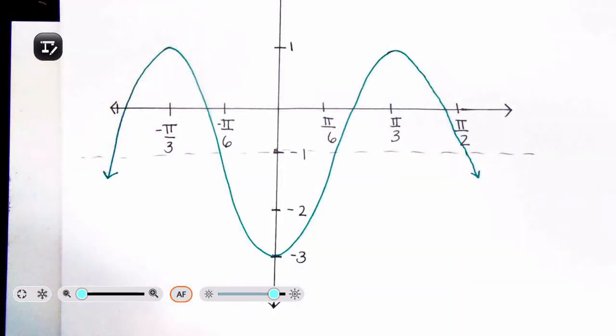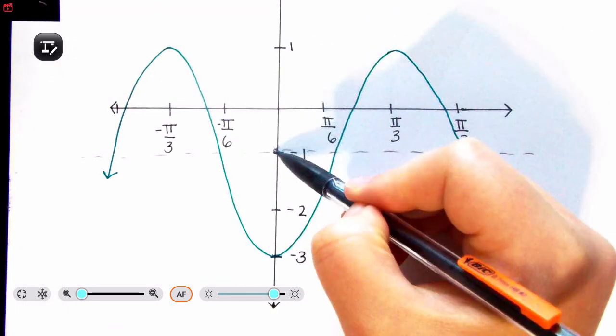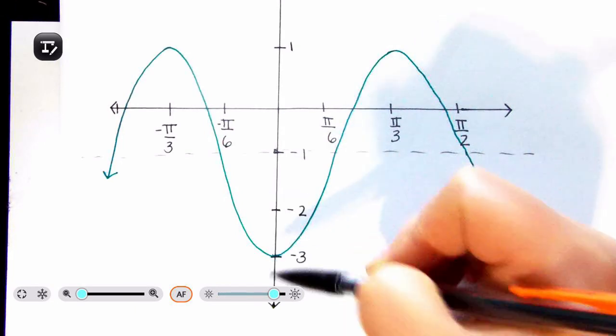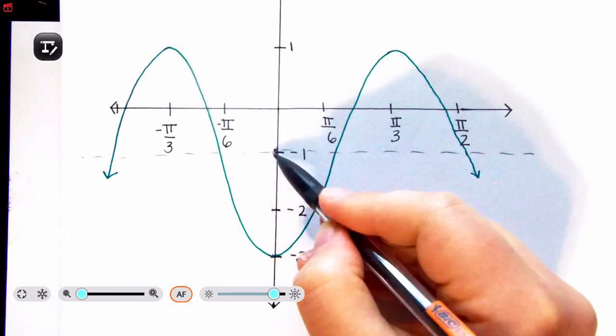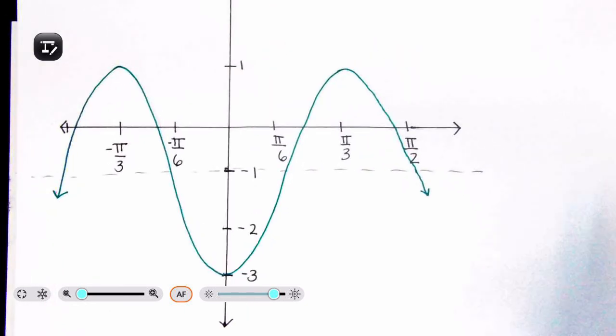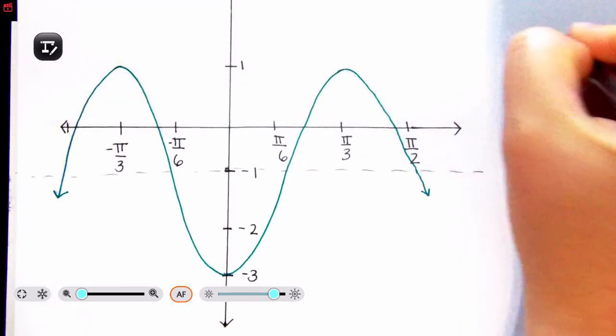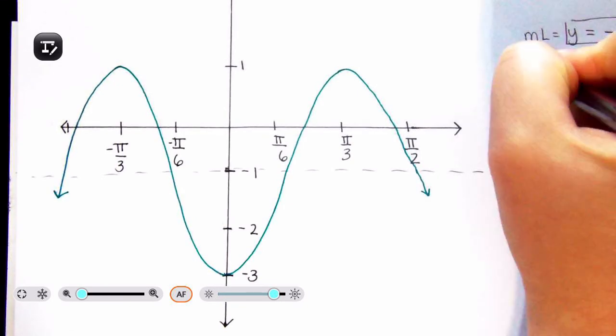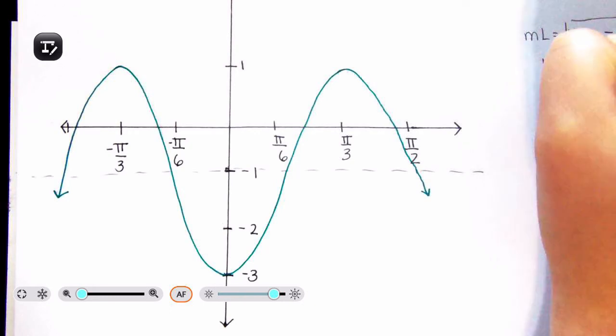If you do it the other way, you will actually know your midline. So again, 1, 2, 3, 4 jumps divided by 2 means I have 2 jumps. 1, 2. So your midline, and I'm going to start identifying my information. Midline is at y equals -1. So that means my k value is -1.